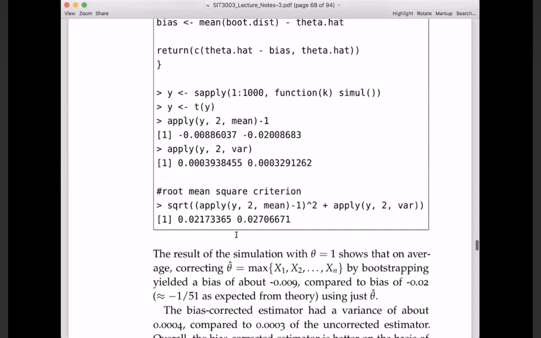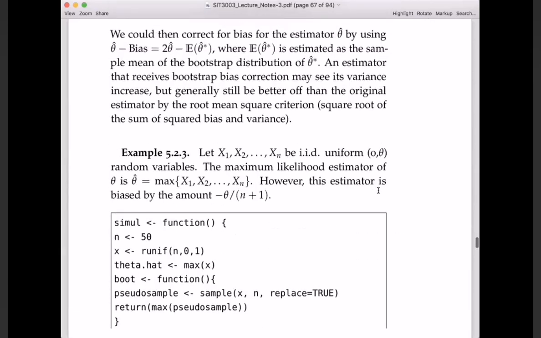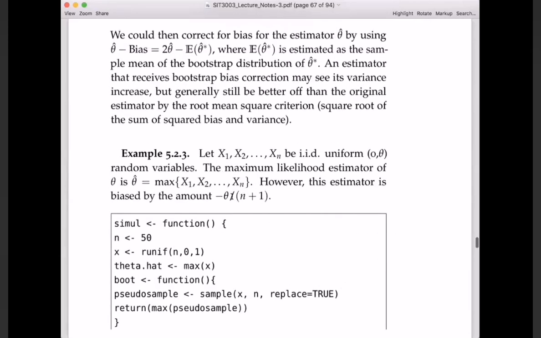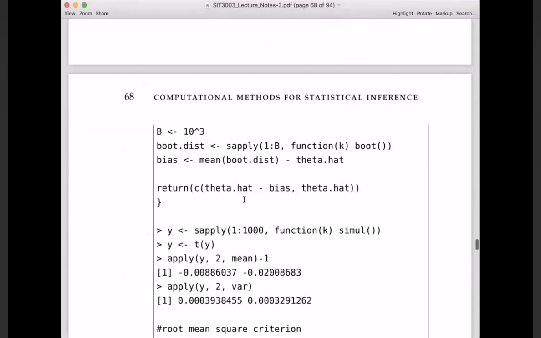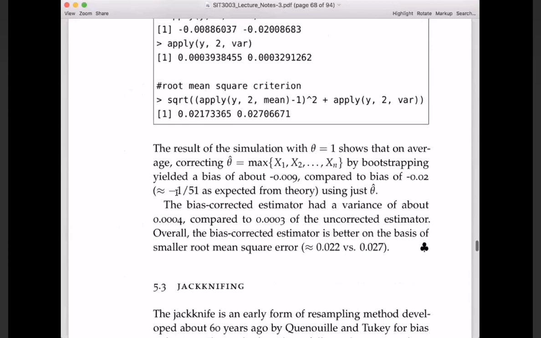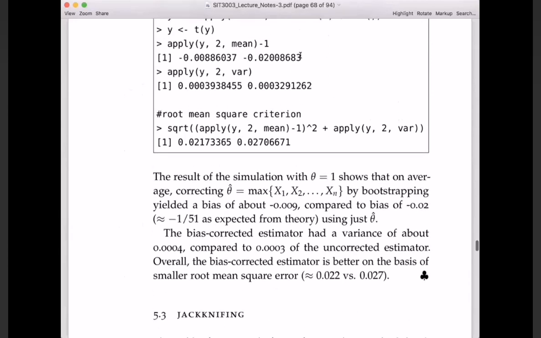And over here, this minus 0.02 is actually predicted from theory. Your theory predicts a bias of minus theta over n plus 1. Your theta is 1 here, and your n is 50. So it predicts a bias of minus 1 over 51, which is about 0.02, as predicted.